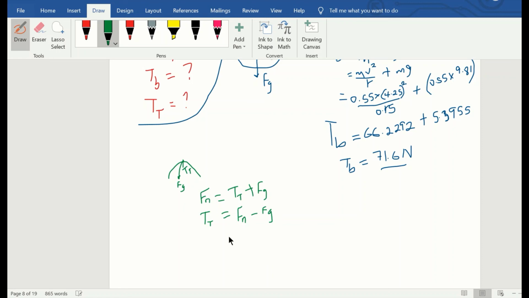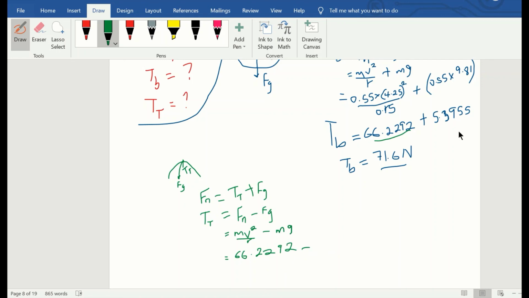All right, so we log in the formulas. The net force is equal to mv squared over r minus the weight is mg. So what next? I log in my data. If you look at the equation, you see that mv squared over r is the same as this. So I can put in the value, which is 66.2292 minus mg.